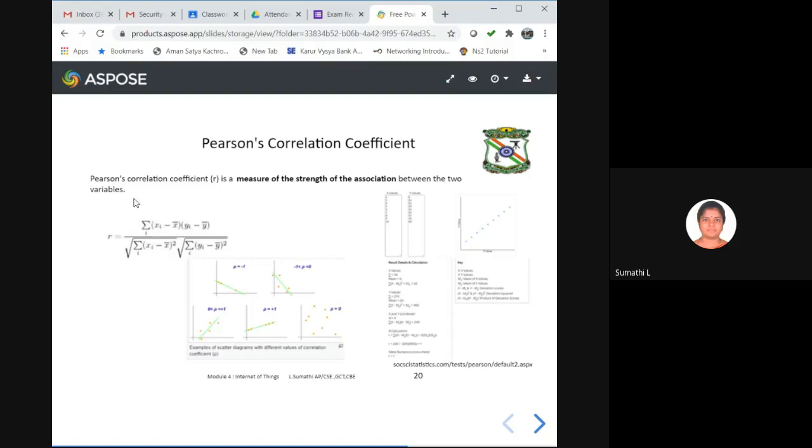If you have a positive value, then it is positively correlated. If you have a negative value, then it is negatively correlated. If it is zero, it is no correlation. See here, minus 1 means it is negatively correlated. This is positive: an increase in one increases the other, so it is positive correlation.